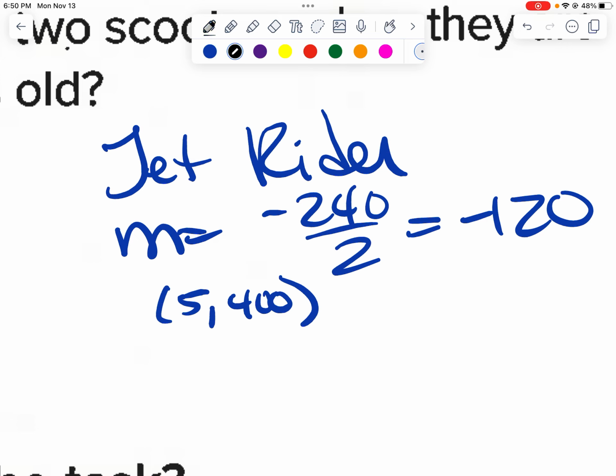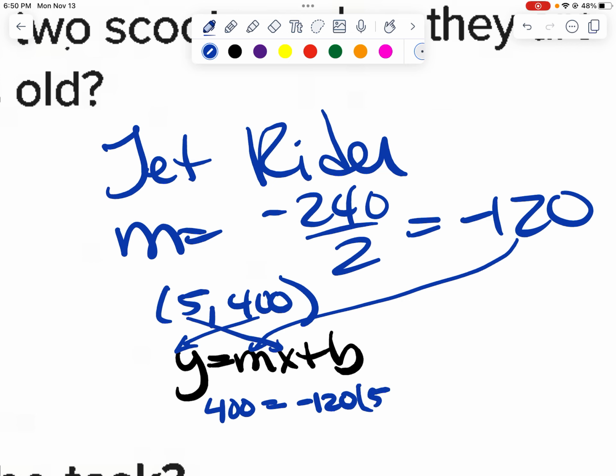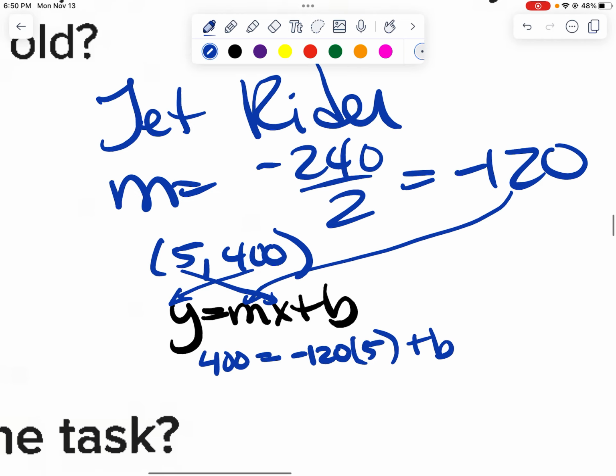And I'm going to put it into y equals mx plus b. So I'm going to replace my y with 400, my m with negative 120, my x with 5, and I'm going to find b.